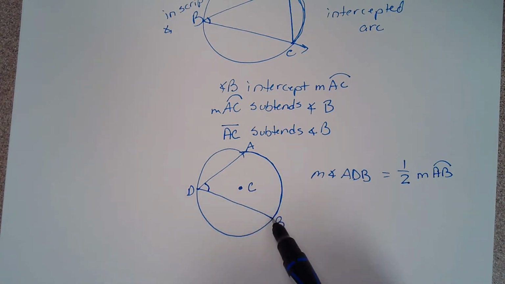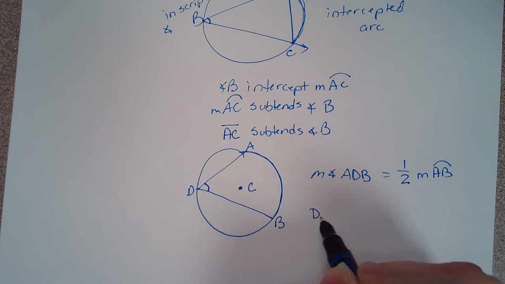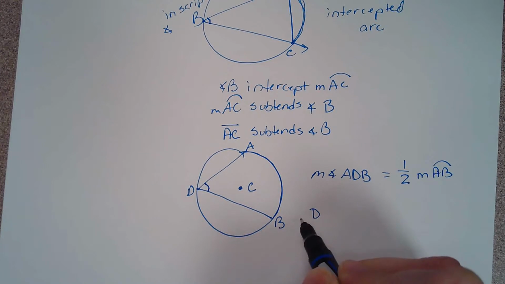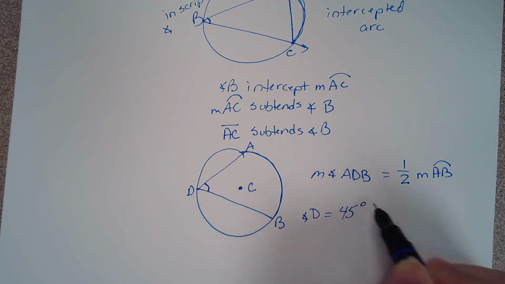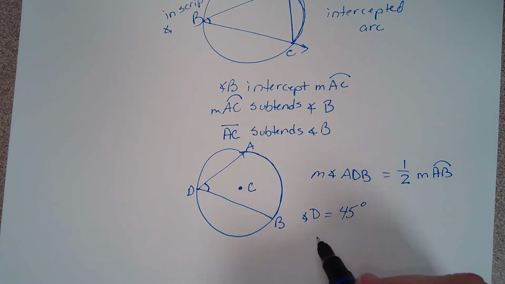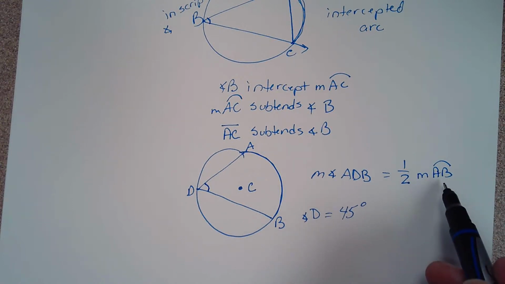So let's just say that angle D measured something like 45 degrees. If I knew that measure was 45 degrees, that means the arc would be half that.